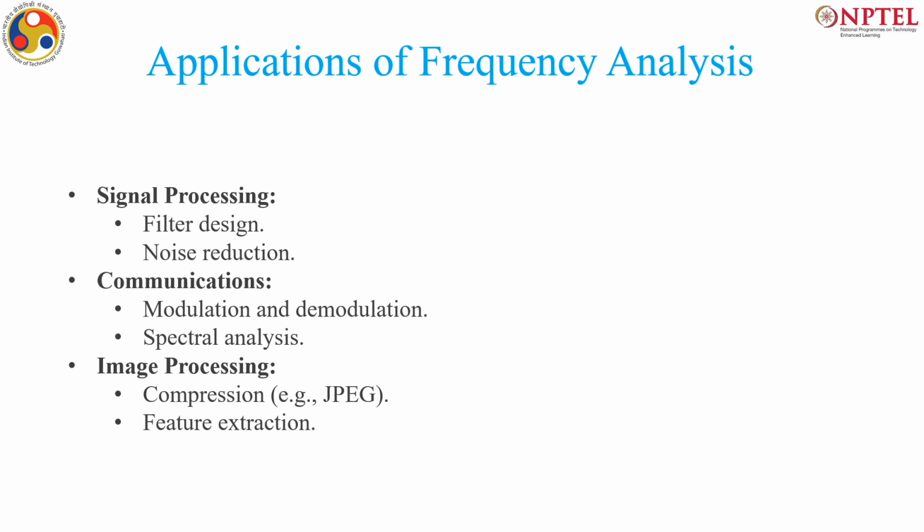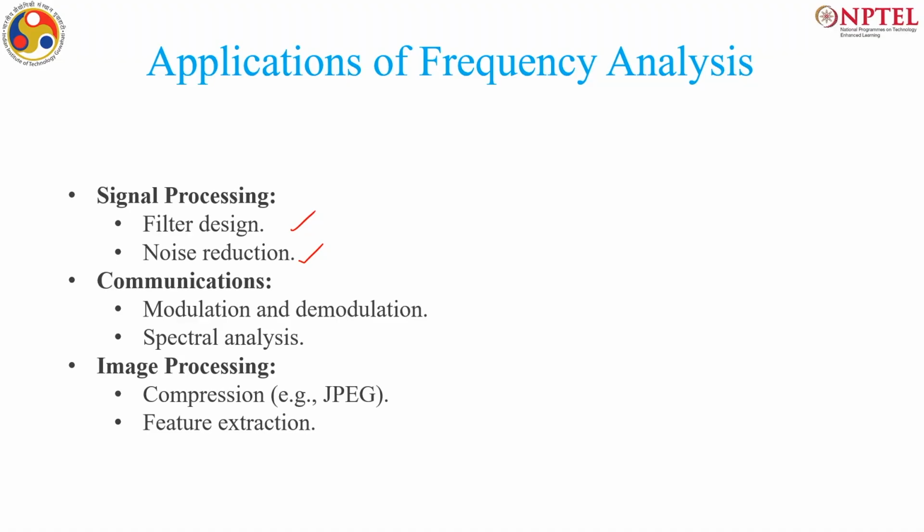What are the applications of frequency analysis? In signal processing, it is used for designing filters and noise reduction. I gave the example of noise reduction. Filter design is typically done in the Z domain, using the Z transform. In communication, it is used in modulation and spectral analysis, and even in image processing, like DCT is used for compression, such as JPEG compression.